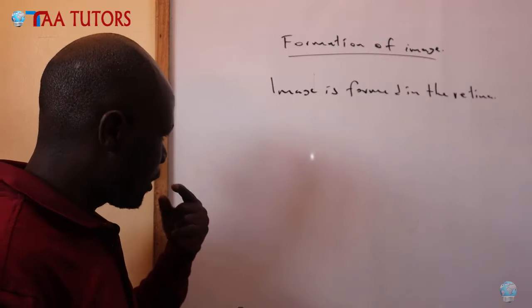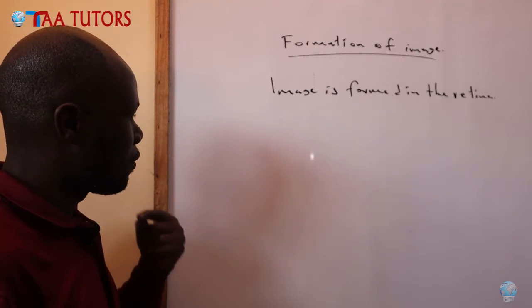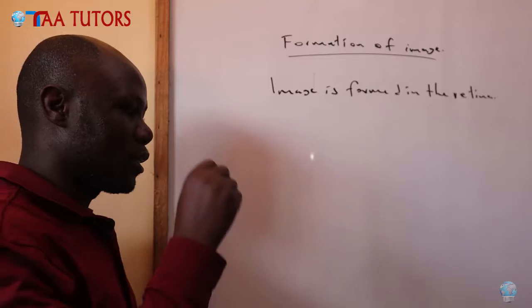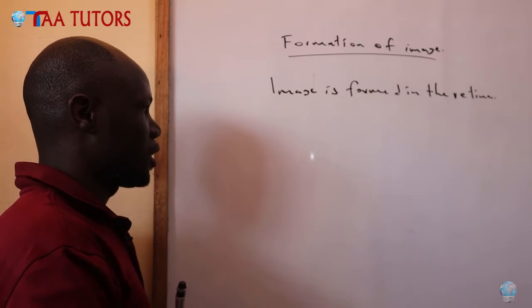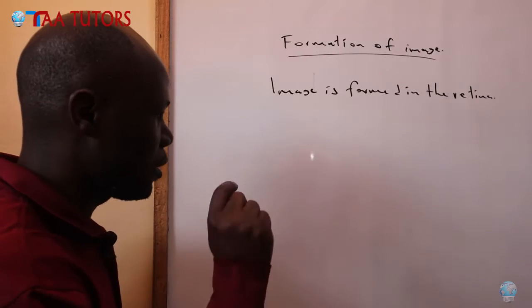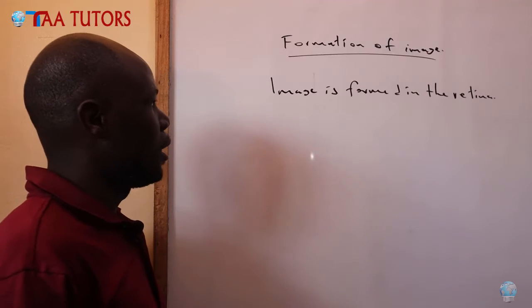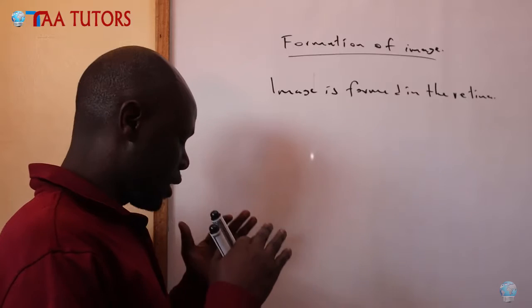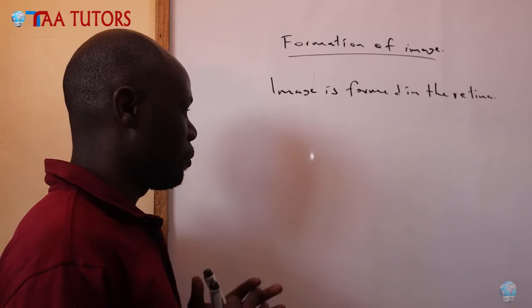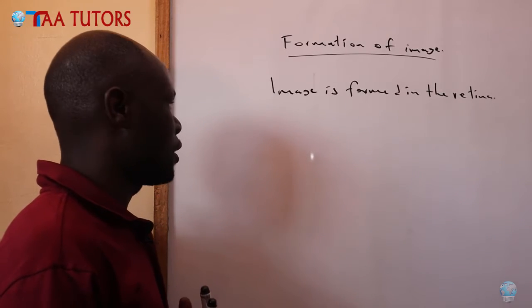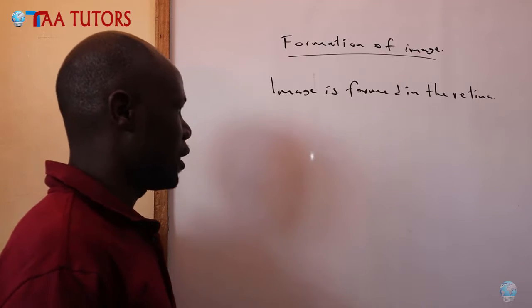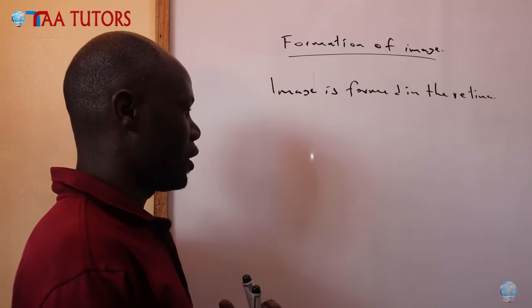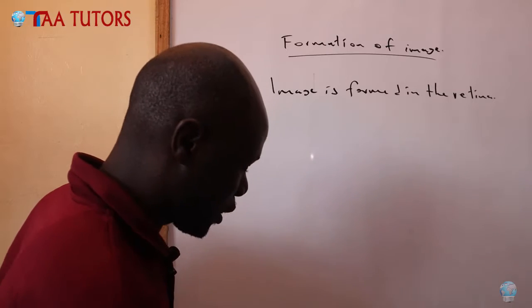So for this particular image to be formed, that particular object must be reflecting light, so that this light reaches the eye. And when the light is reaching the eye, it must be bent in a way for the image to be focused on the retina, or to be formed in the retina, that is.